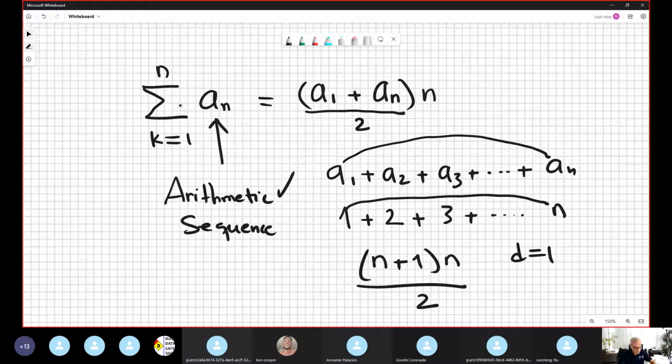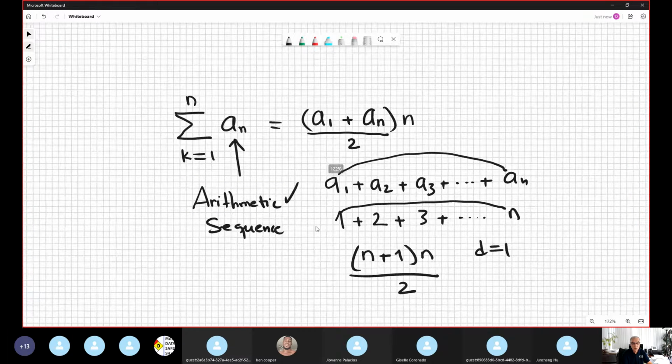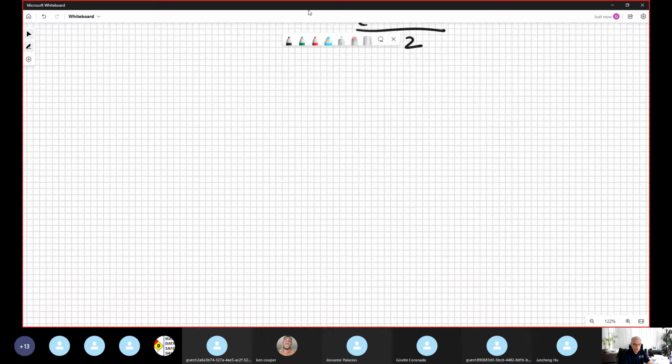Let's see an example. I bring 1, 2, and 3 examples of the summation. Let's do it. Suppose, compute that.